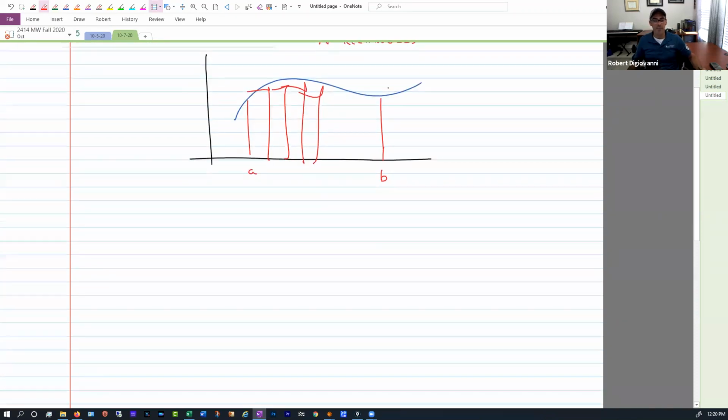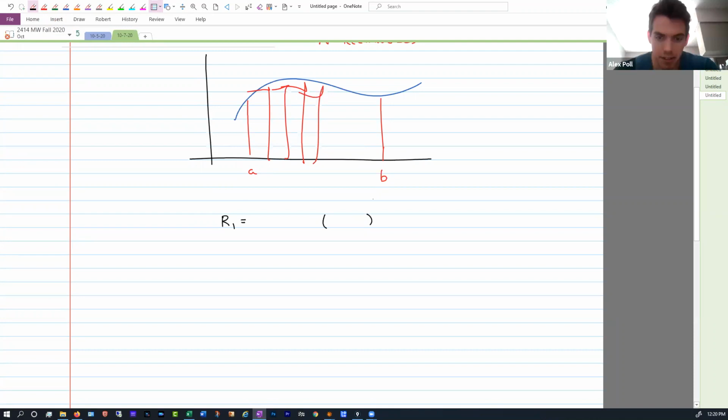N of them. See if we can, again, find the pattern. What would the area of the first rectangle be? All right, well, let's start with the width. How wide is it? B minus A over N. B minus A over N this time, right? Not 5, N, because we're cutting it into N rectangles.